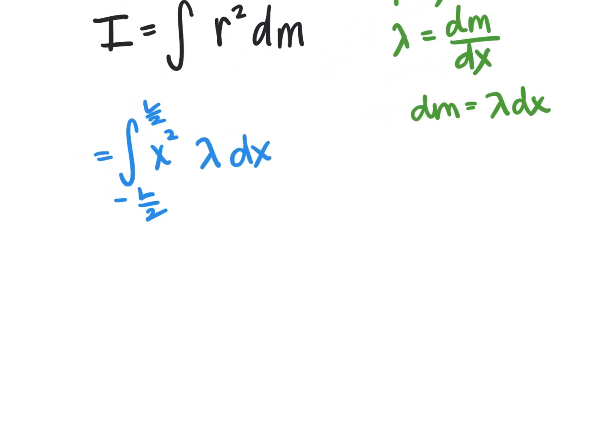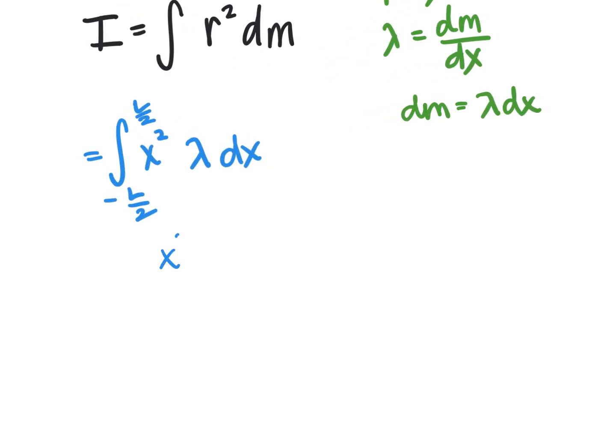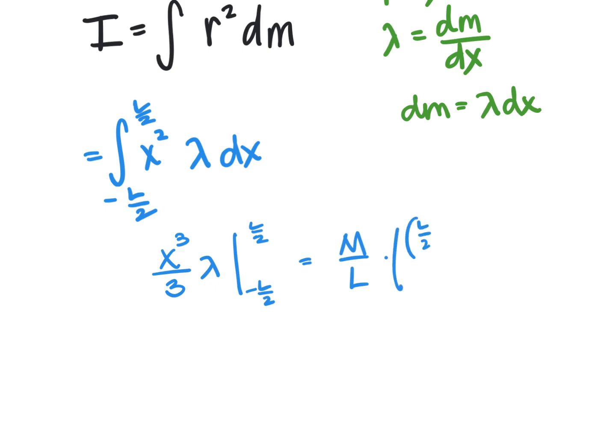So we will integrate this and have x cubed over 3 lambda from negative L over 2 to positive L over 2. Bringing the lambda out in front, and we can substitute in that lambda is mass per length, times L over 2 all cubed over 3 minus negative L over 2 cubed over 3.